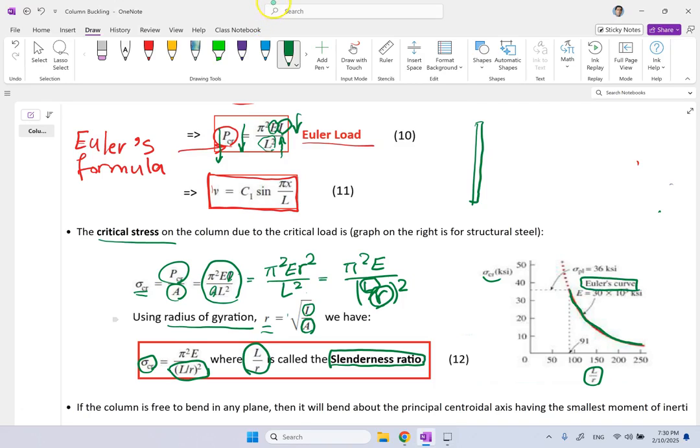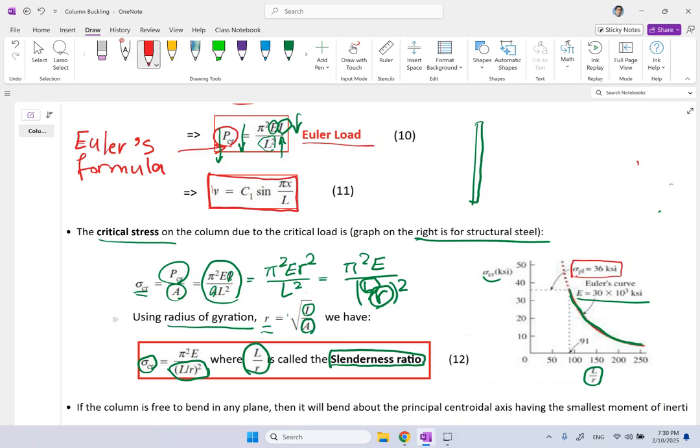Now this curve here is plotted for structural steel, for which the Young modulus is, as you can see, 30 times 10 to the 3 ksi, or 30 mega psi. And the other thing that you have to pay attention to is the maximum allowable compressive load for structural steel, which is 36 ksi.